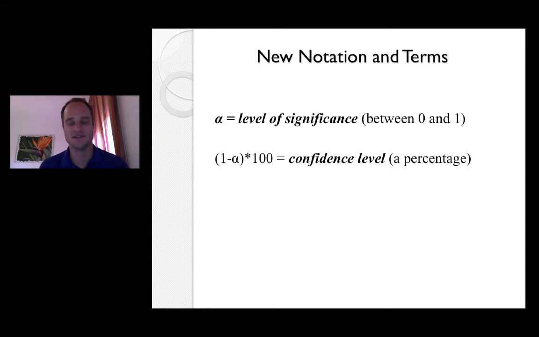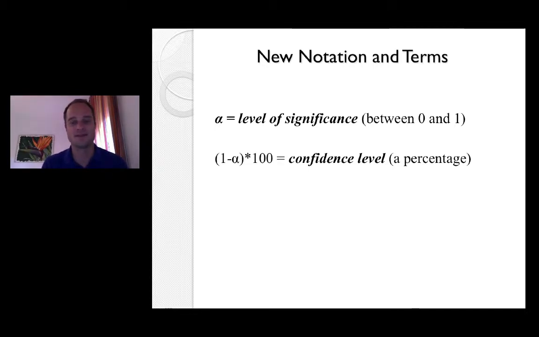The confidence level is a percentage. For confidence intervals, we typically speak in terms of confidence levels. However, if you have a level of confidence or a level of significance, then you have enough information to tell me what the other is. So basically, you only need one.